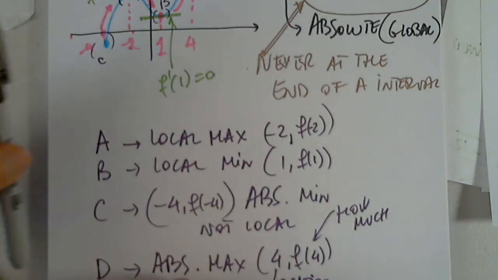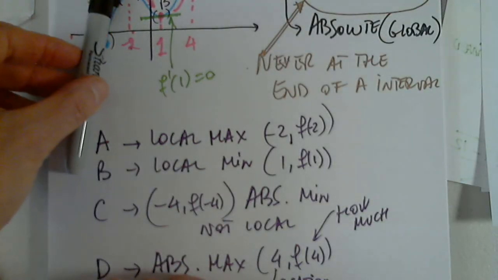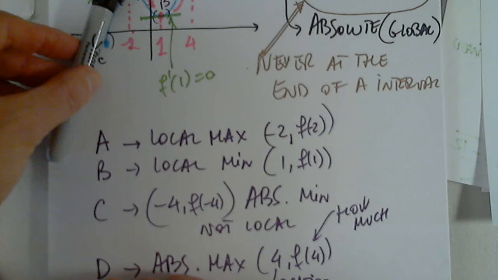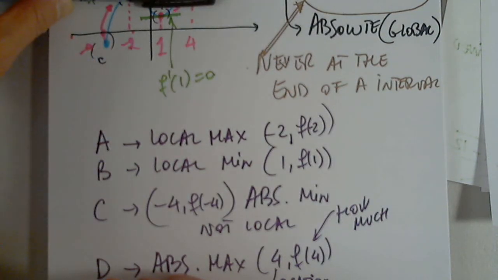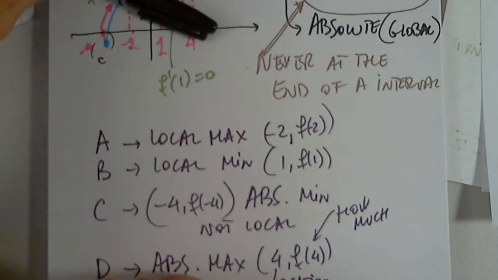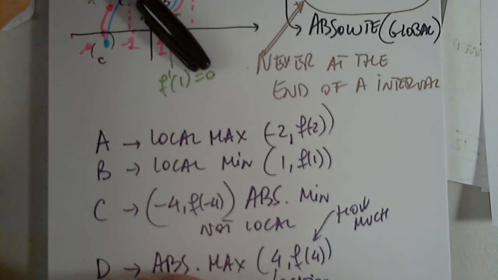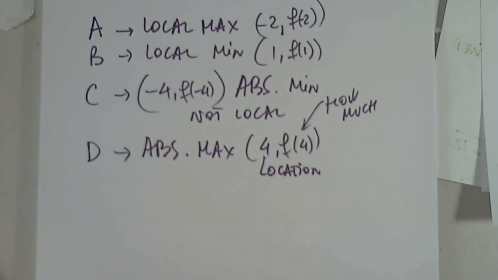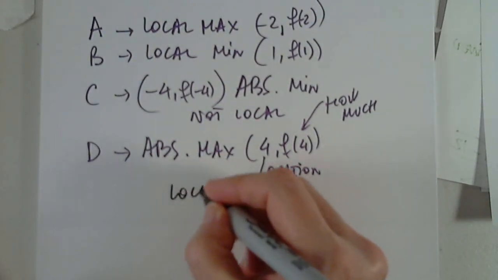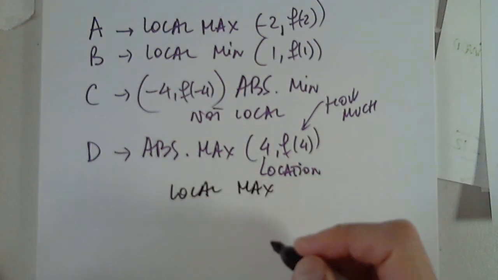Remember, the first derivative is the slope of this tangent. Is it positive or negative? Positive. And then all of a sudden is how much? 0. Perfect. And what happens after that? Goes negative. Right.